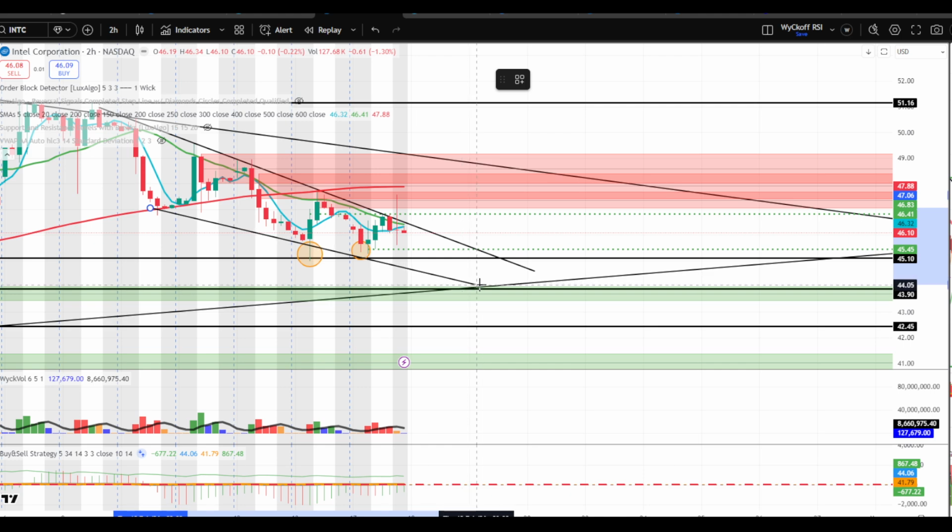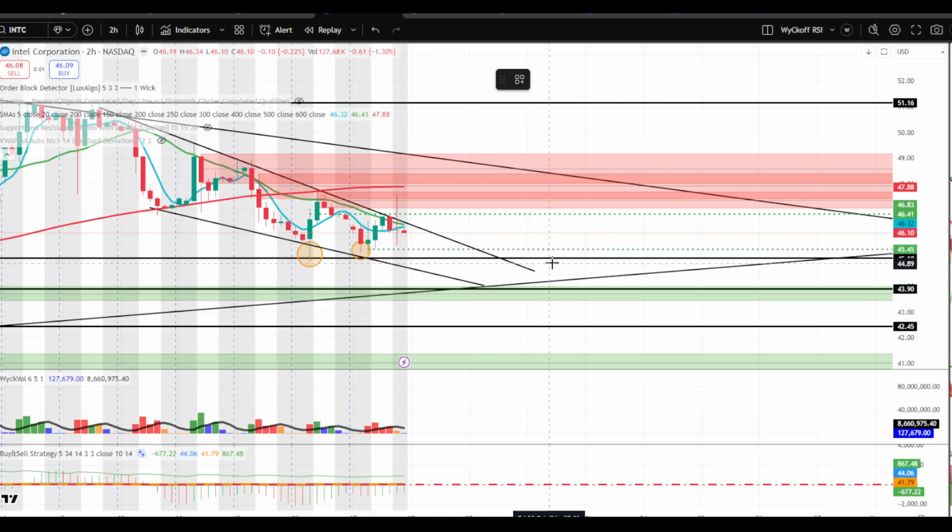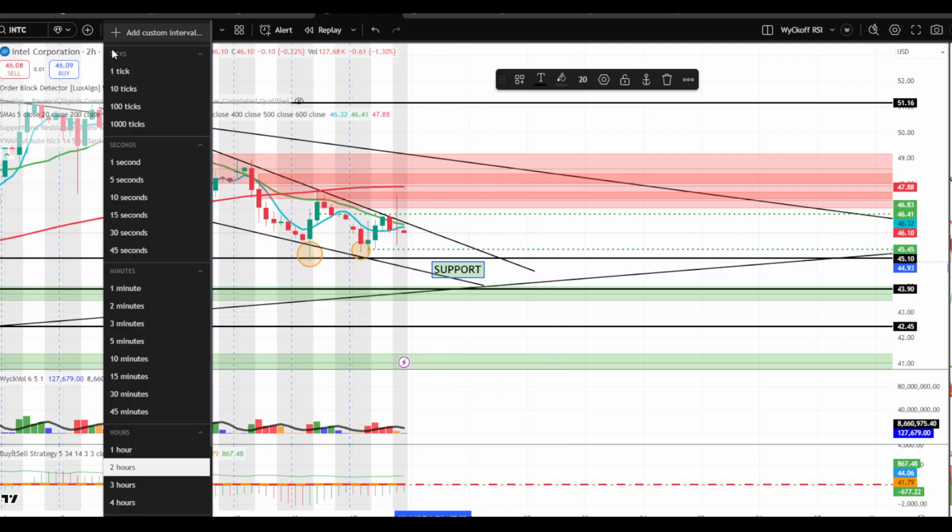So you got those two touches there. You got a little potential downward channel going down here. So you're going to see maybe if it holds support at 45.17, this level here, right?